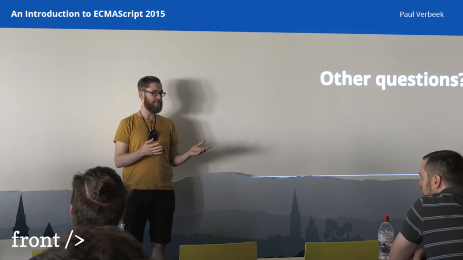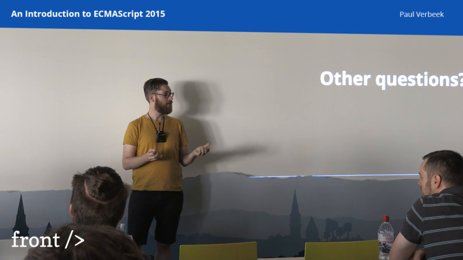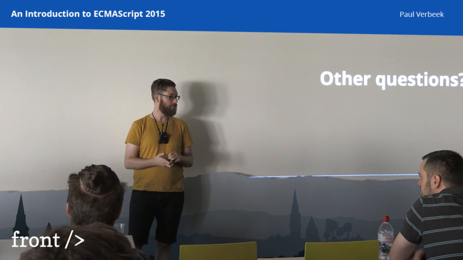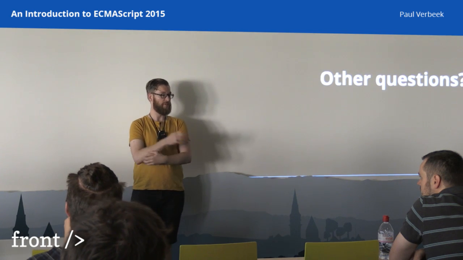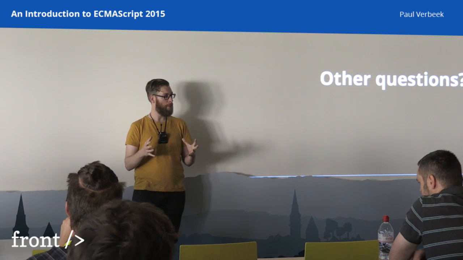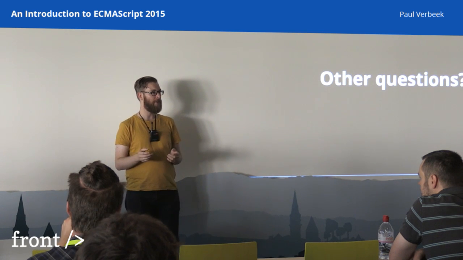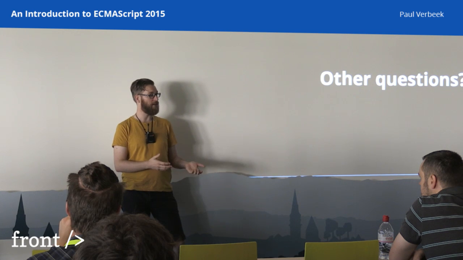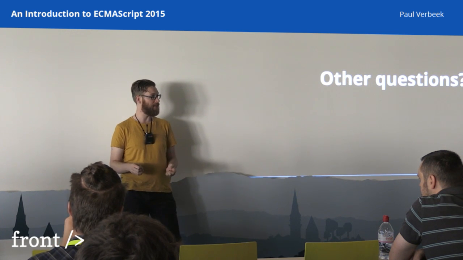So the question was if it's very hard to maintain something like that. Well, it is maintainable. So what I use is source maps. So I can easily find where the bug is from ES5, so where it is in my ES6 code.